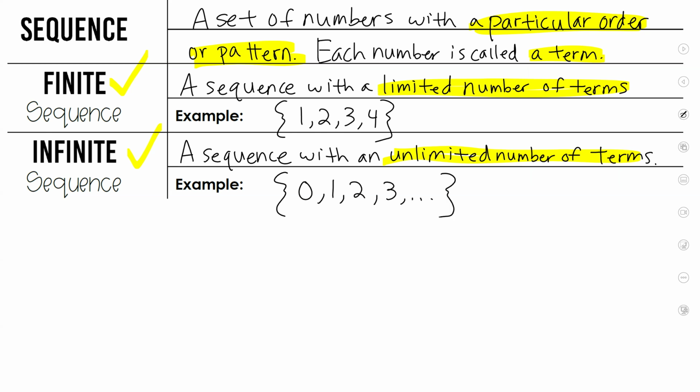The sequence I just gave you was the sequence of whole numbers. These are your whole numbers. So finite has an end, infinite has no end. It never ends. Finite does have an end.